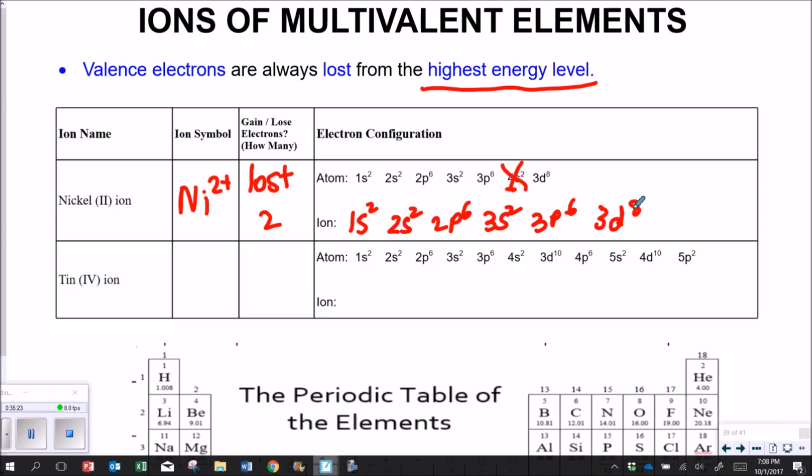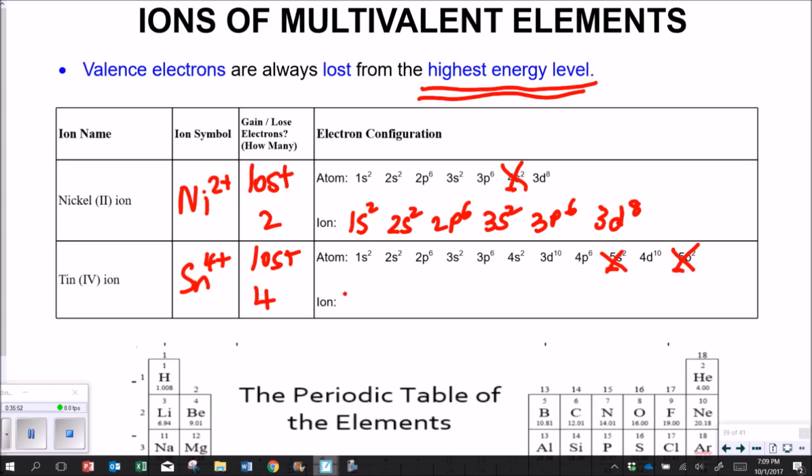Let's do the tin 4 ion. Tin is Sn. Roman numeral 4 means a charge of +4. And also it lost, this time, 4 electrons. Since again we lose from the highest energy level first, we look at the highest energy level and we have a 5 here and a 5 here. So since it loses 4, we're going to lose these 2 and these 2 electrons.